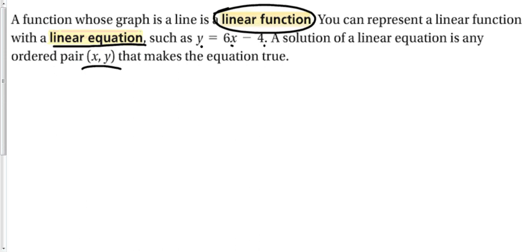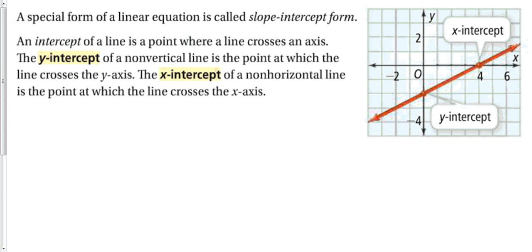As we talk about linear equations, one of the most common ones is called slope-intercept form of a linear equation. But in order to know what that is, we have to remember what an intercept is. An intercept of a line is a point where the line crosses the x or any axis.